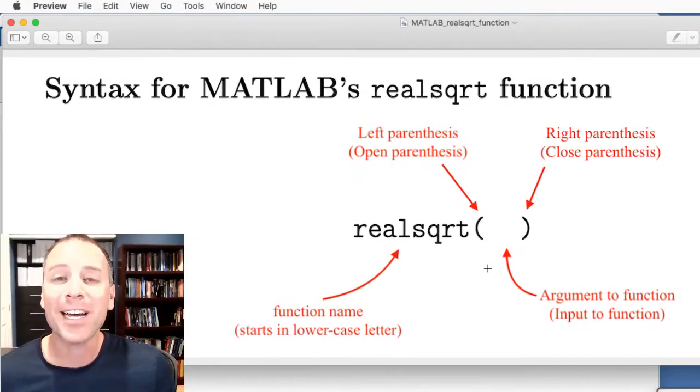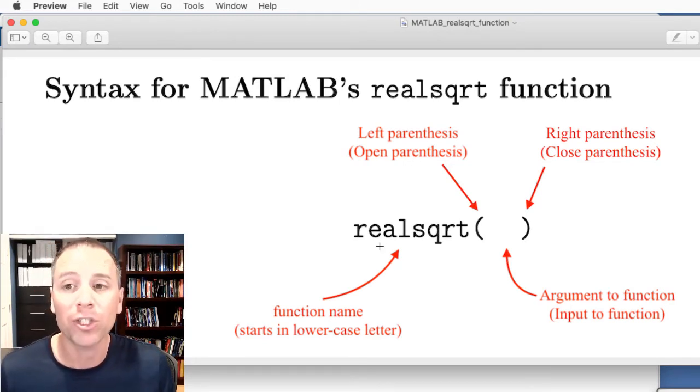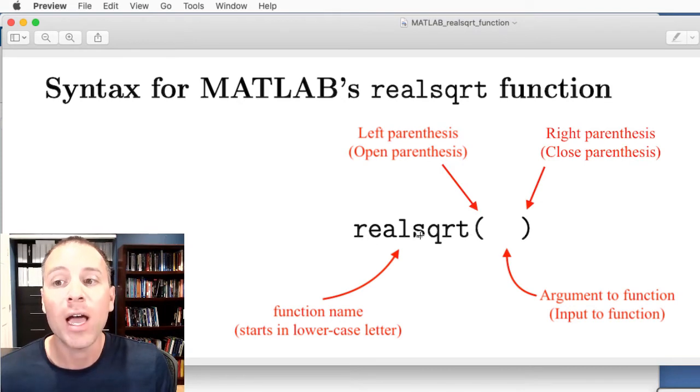Let's take a deeper dive into the syntax, the way we type this command in the MATLAB command window. Notice there are a few different features of functions, built-in functions, that are worth mentioning. First, every function has a name defined by MATLAB. So the name of this function is called the real square root function, and the way that we type it is REAL, no space, SQ as in square, no space, RT.